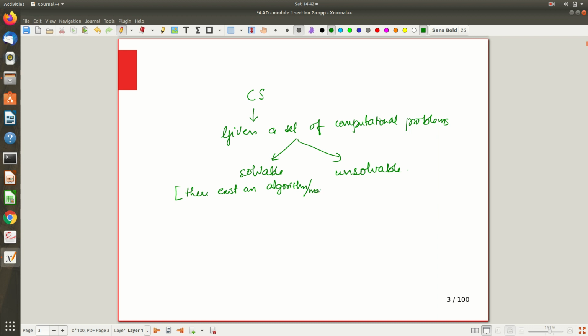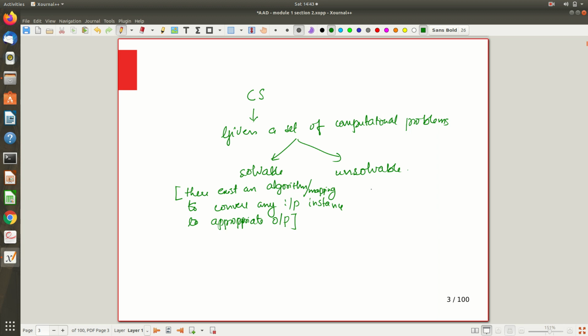So I can also call it a mapping from a well-defined set of inputs to outputs, to convert any input instance to the appropriate output. So that is what we can call an algorithm.